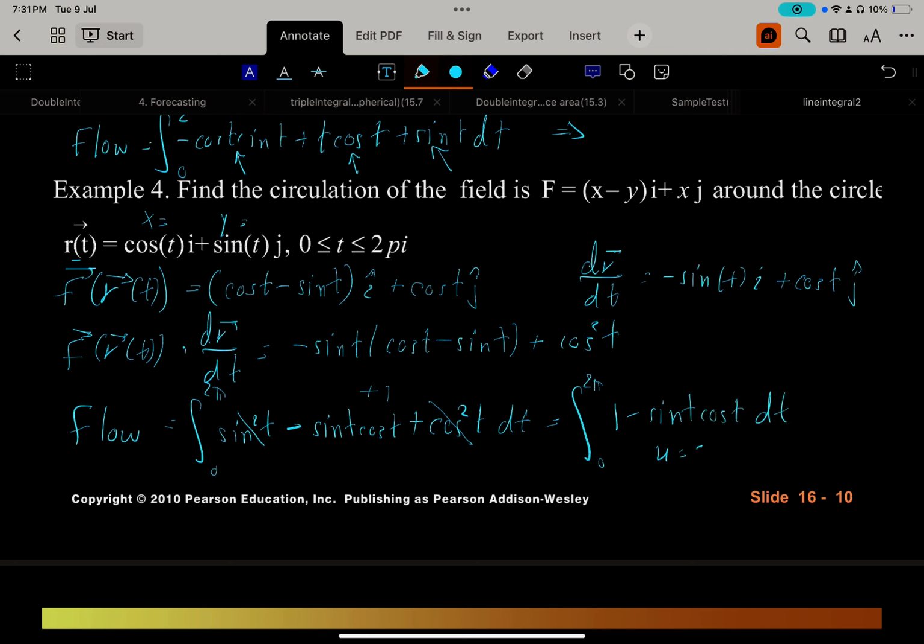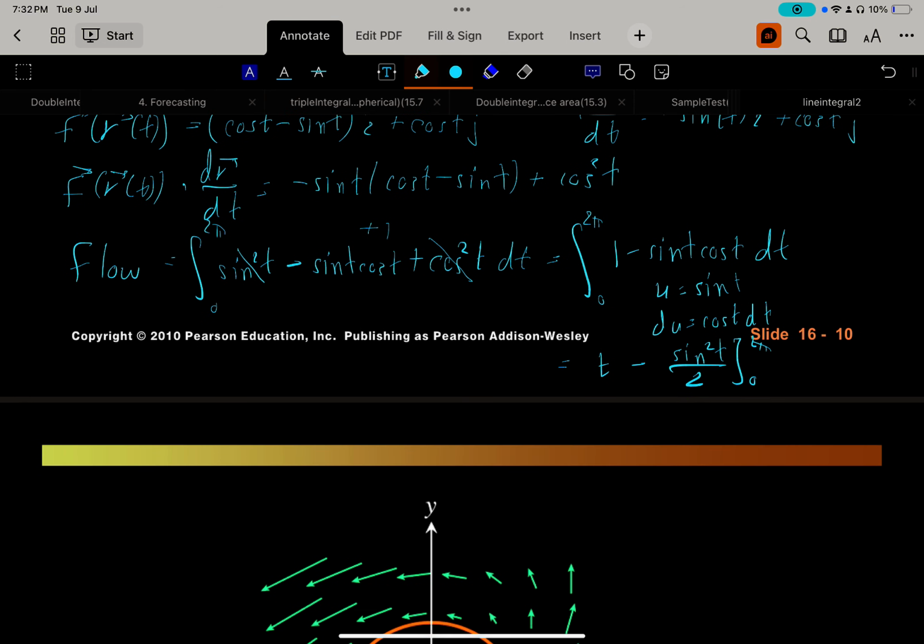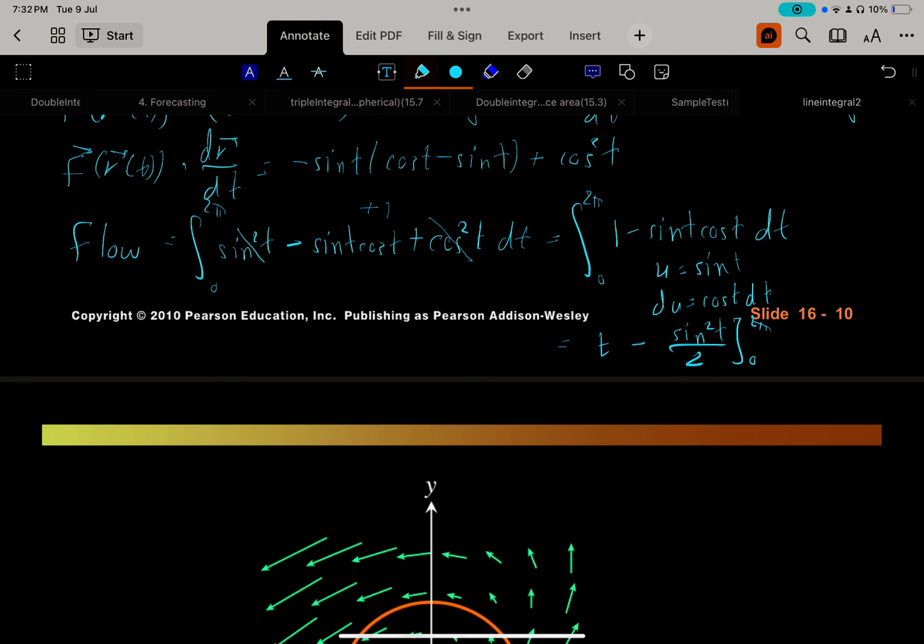Let u equal sine of t and du equal cosine of t dt. So it's t minus u squared over 2, which is sine squared of t over 2, from 0 to 2 pi. And this is just going to be 2 pi.